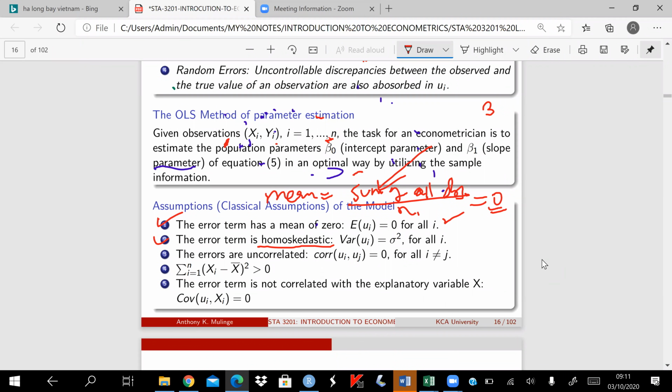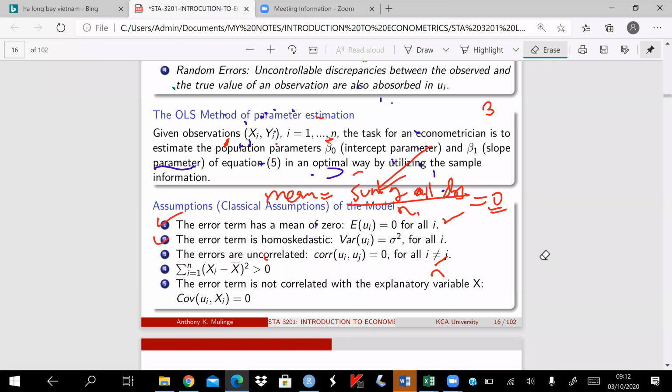When we talk about homoscedastic, the opposite is called heteroscedastic. I've given a mathematical definition, and I don't know whether some of you will appreciate it.